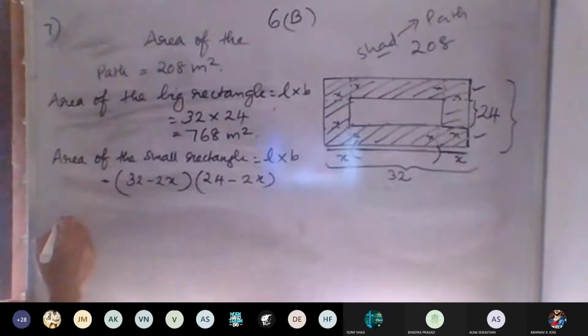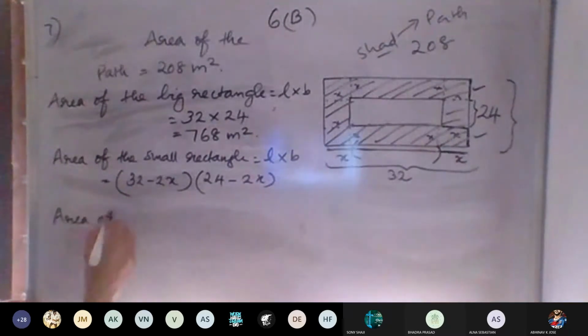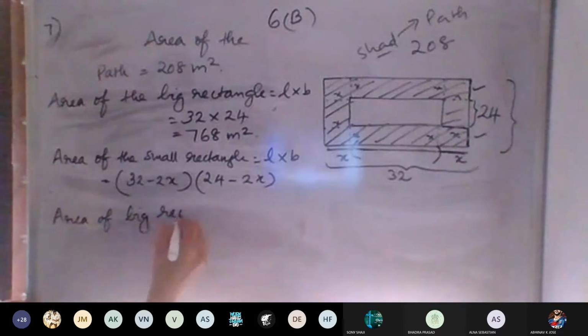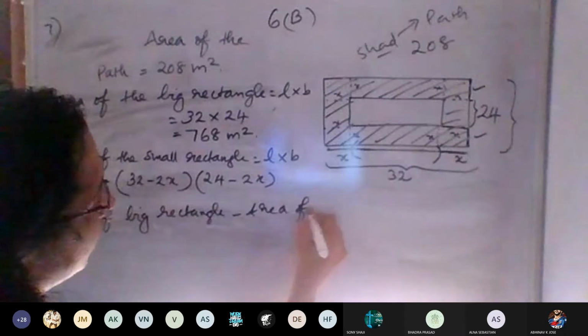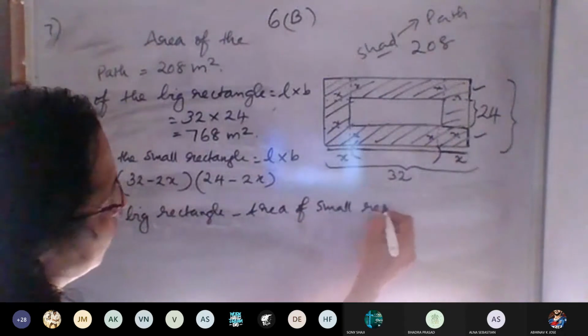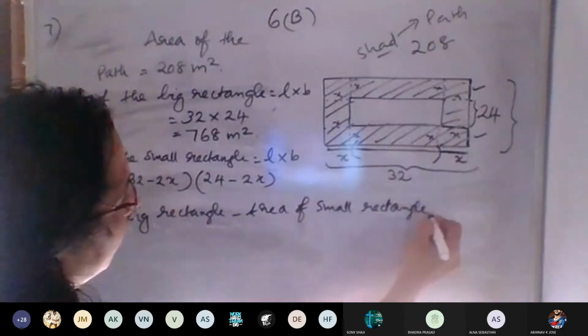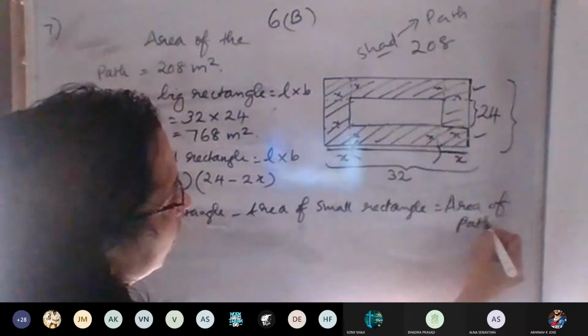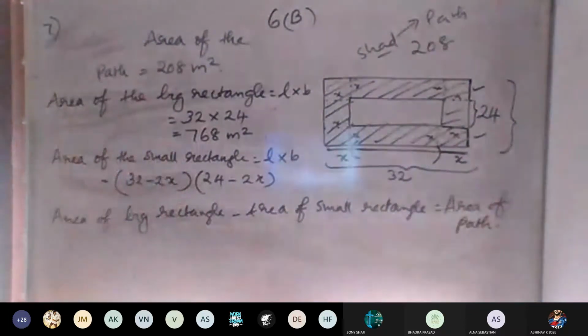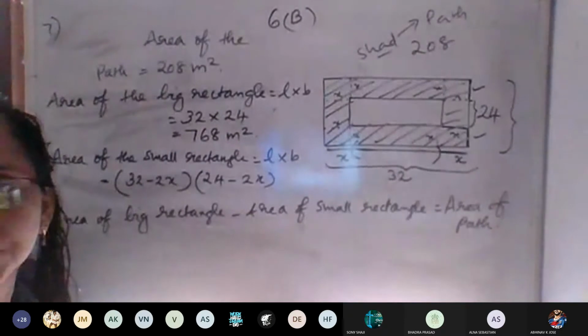Area of path means area of big rectangle minus area of small rectangle is equal to area of path.